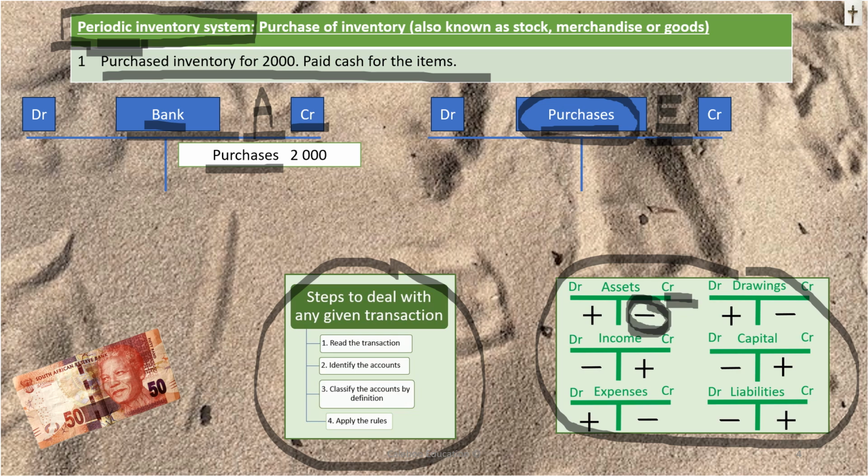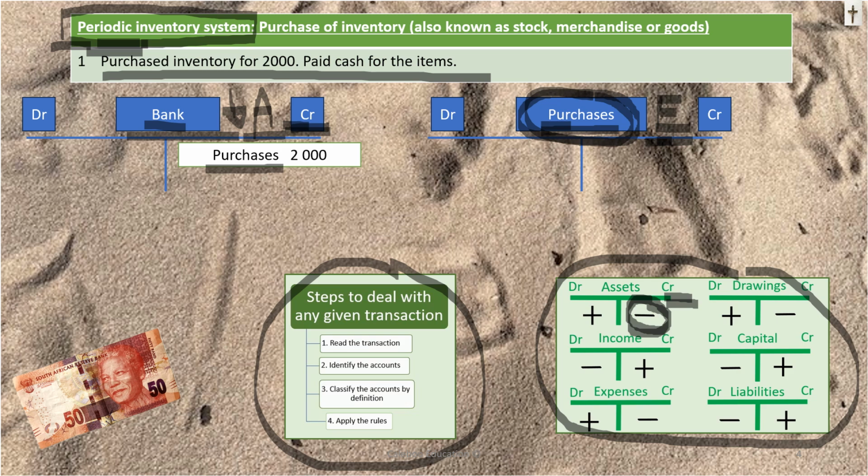And the account, I'm stressing this, which records any movement in stock, is called the purchases account. So bank was credited. Why? Our bank balance decreased. Decrease in assets, the rule says credit.